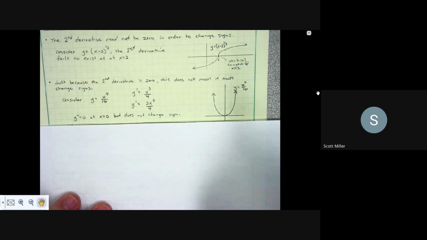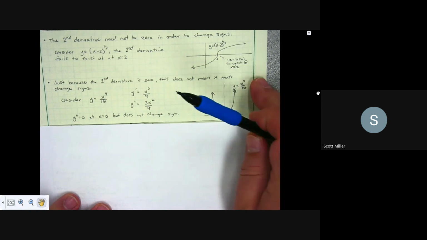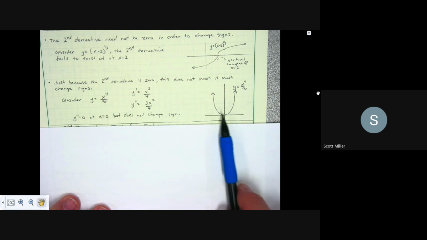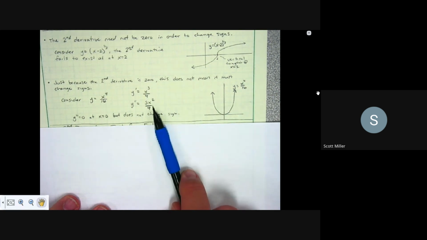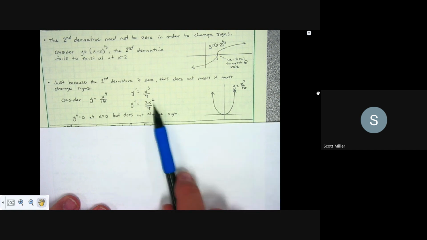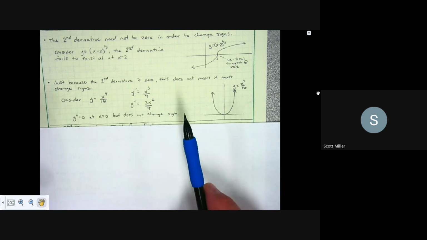You still need to confirm them. Here's an example that illustrates this. For this graph, it looks something like this: first derivative, second derivative, all of which are fine. The second derivative is 0 at 0, but we can see that the concavity is not changing there. The signs do not change. So again, 0 would not be a point of inflection.